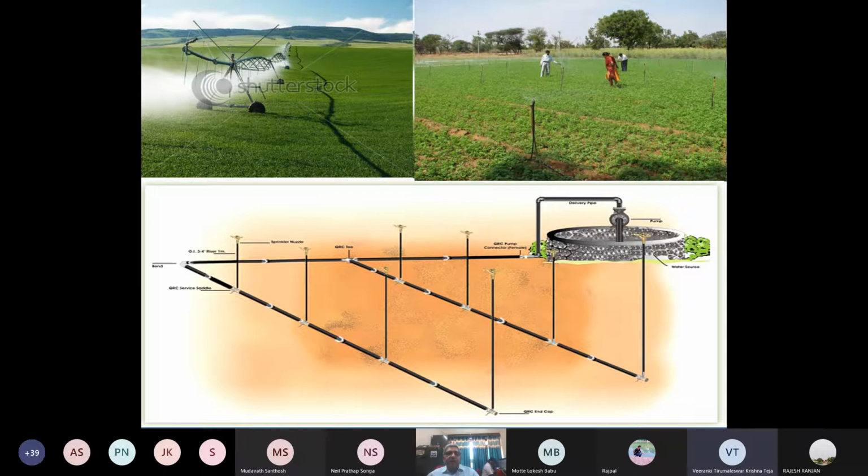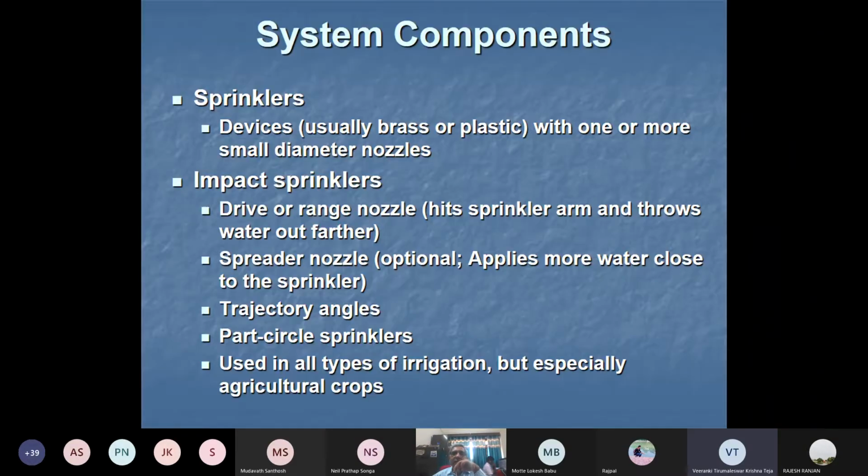That is the central pivot irrigation system. But in our country this kind of sprinkler irrigation system is used for the majority of crops, leaving aside jute and paddy. All the crops it is possible to irrigate. So this is all which I have already explained.